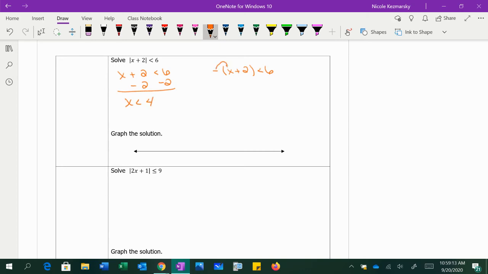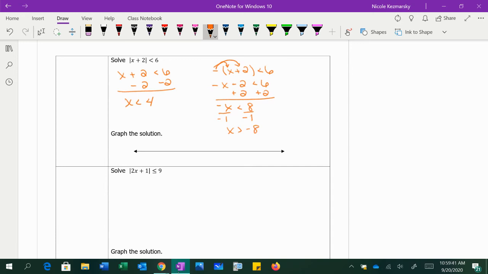For the inequality on the right, I'm going to distribute that negative and get negative x minus 2 less than 6. And I'm going to add the 2 and get negative x less than 8. Divide by a negative 1, remembering to flip my inequality, so now x is greater than negative 8.